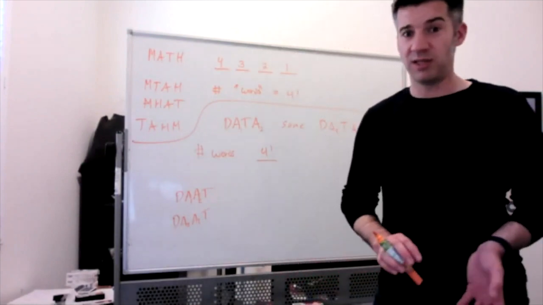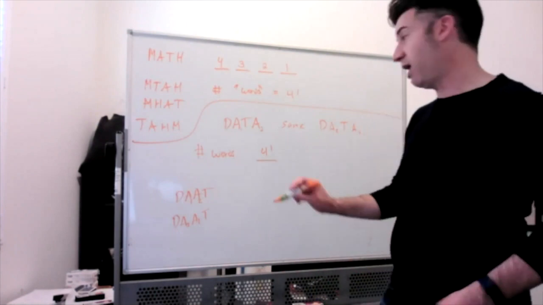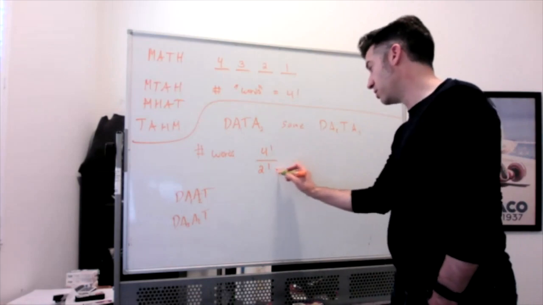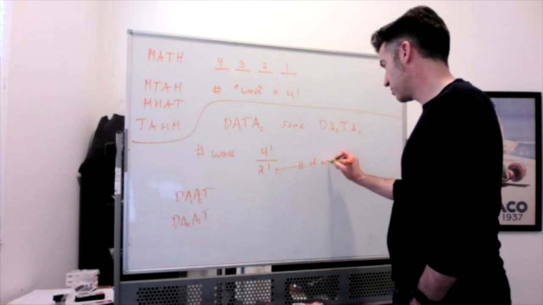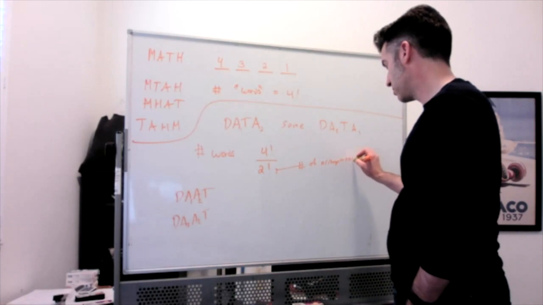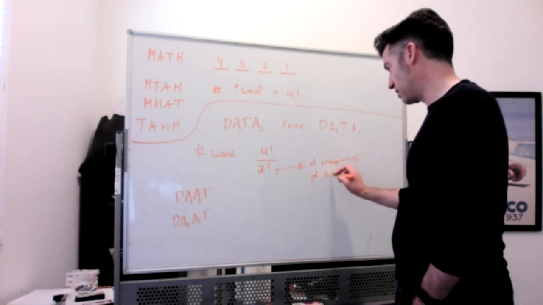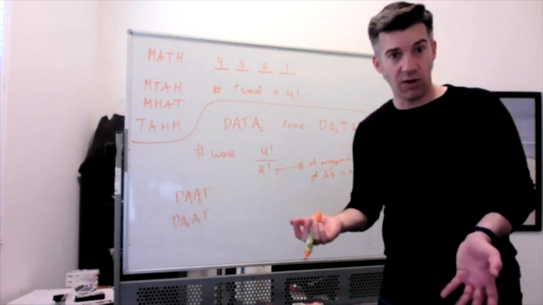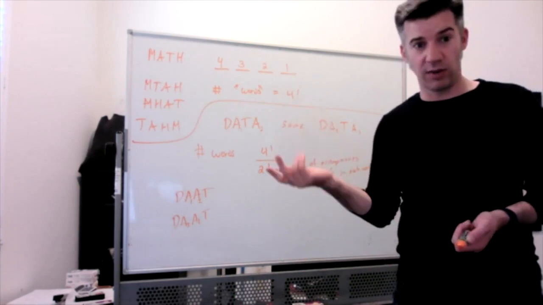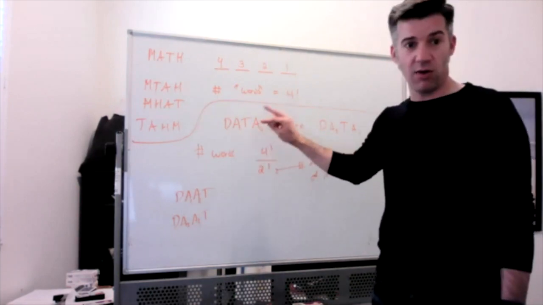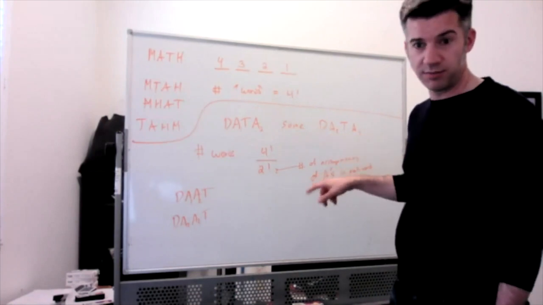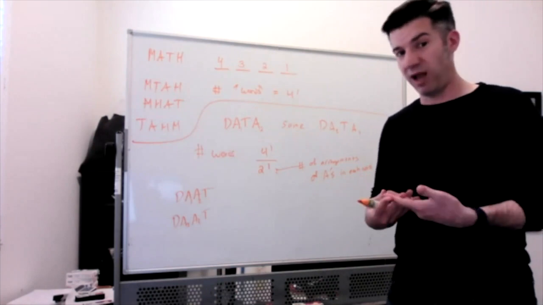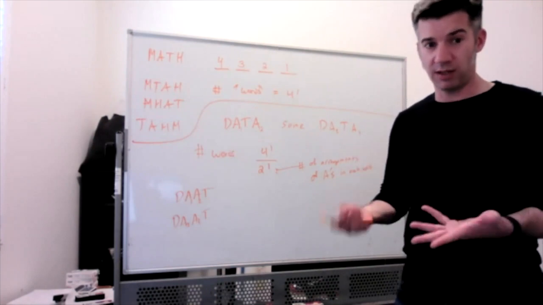So every word is actually showing up twice, so I have to divide by 2 factorial, which is the number of arrangements of the A's in each word. For any word, there are 2 factorial ways you can arrange the A's. You can put A1 here and A2 there, or flip them and put A2 here and A1 there. So basically, when you have a letter that's repeated, you have to divide by the number of times it's repeated, factorial, to account for all the possibilities.